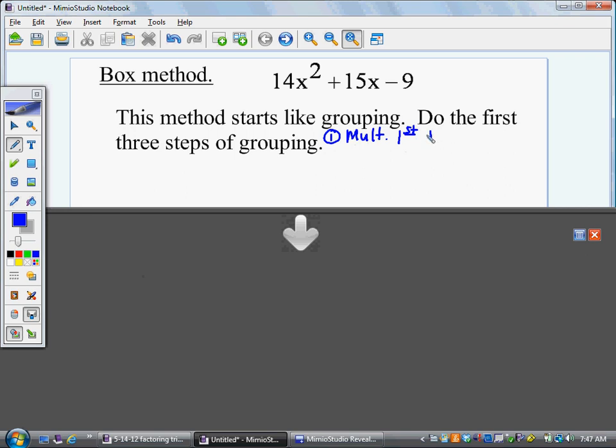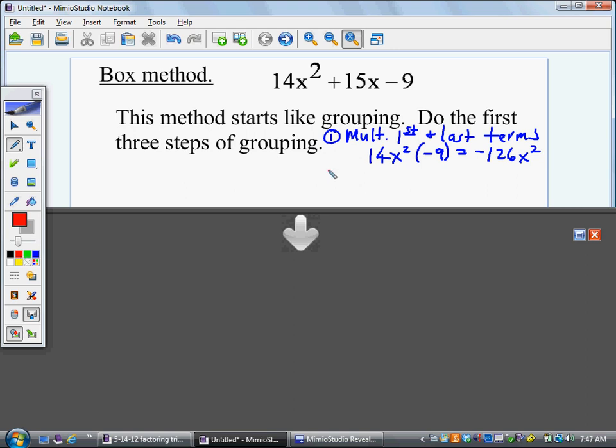multiply first and last terms, and so that would be 14x squared multiplied by negative 9, and that's negative 126x squared.